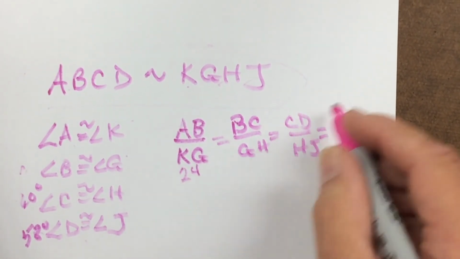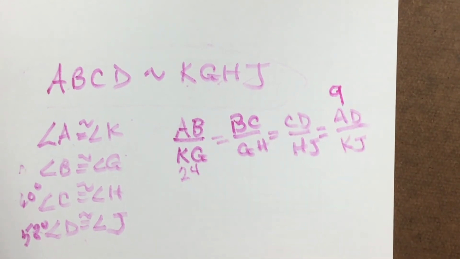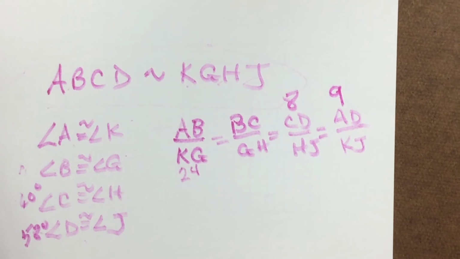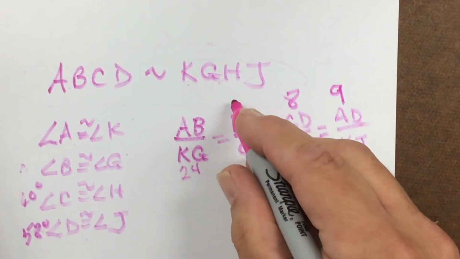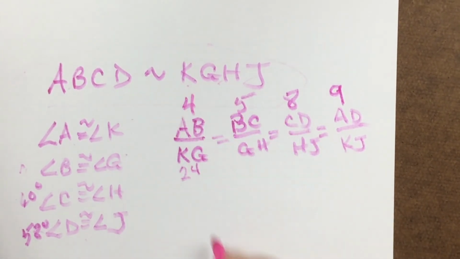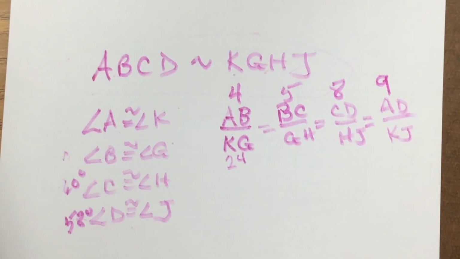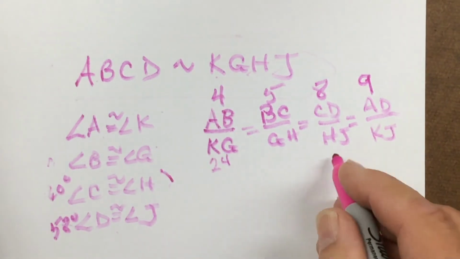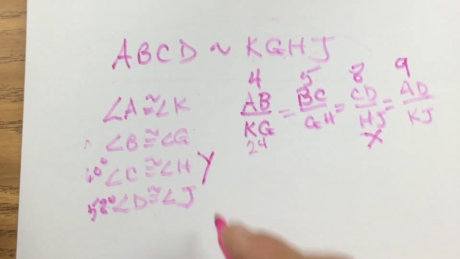AD is 9, that's over here. DC is 8. BC is 5. What about AB? 4. Oh, I got this too? Yeah. Okay. And what are they asking me to find? Oh, H. Okay, so angle H. HJ. Oh, HJ. This is X? I mean, Y was the angle.